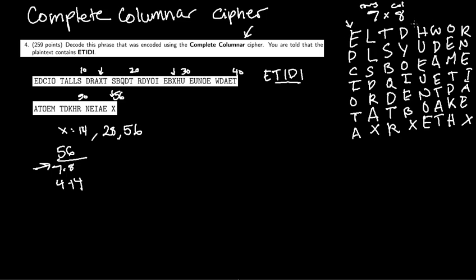So look, we got an E, D, there's no I in this row or this row. So we're gonna look here, there's an E, D, I, T, I, so it's probably in this row. There could be an E here or an E here, don't know. What we do know is that the X's go last.